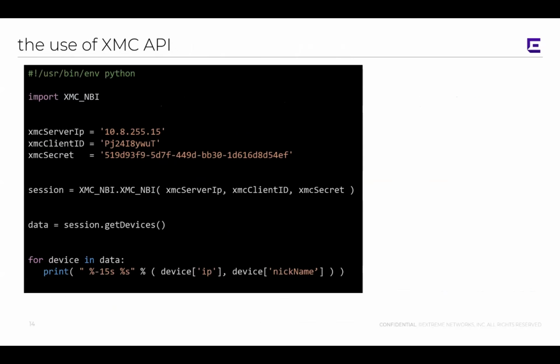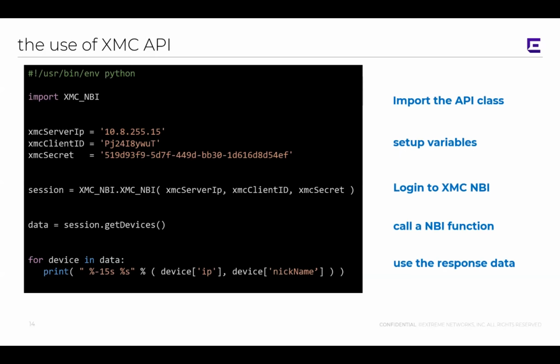You have learned already that I have to import something to get the function. On top, you see that I'm importing a northbound XMC module, which I have written, by the way. So it does not exist today on the internet. I have a block where I declare some variables. I have to say where my XMC is located.